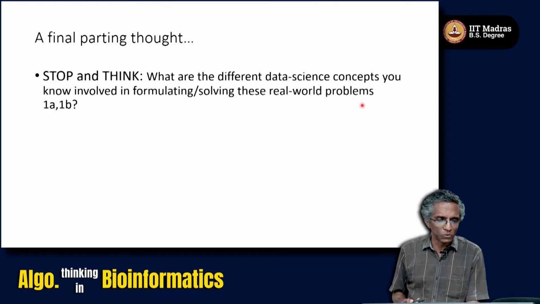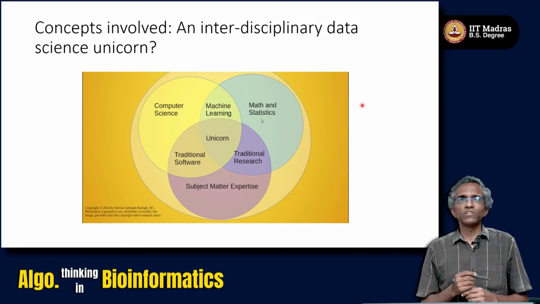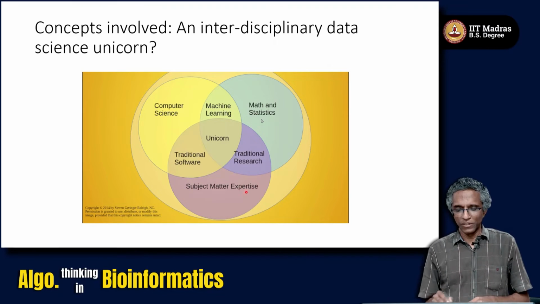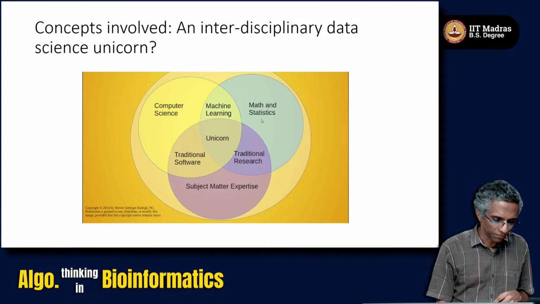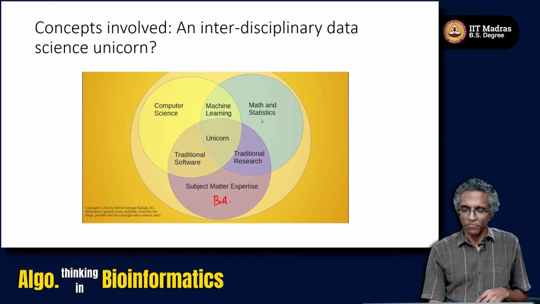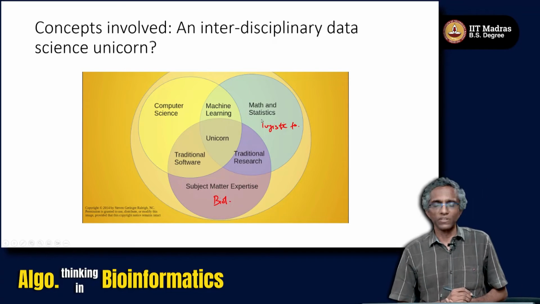If you want to show this in a Venn diagram, there are some concepts for solving problem 1a, which is a machine learning model. You need to know a bit of probability and statistics, and you need to know the subject matter, which here refers to biology. There is this machine learning model and the logistic function, the logistic regression model that we were looking at.